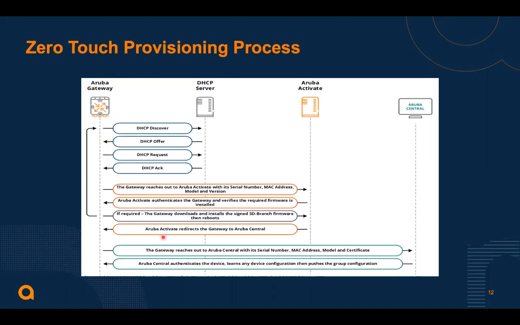Once it tries to reach Aruba Central, Central checks the serial number, MAC address, model, and the certificate, the inbuilt TPM module certificate, and it gets authenticated on the Aruba Central end. Once the device talks to Central, and if the admin has predefined all the device level and group level configuration, the device fetches all the configurations and comes up online on Aruba Central.